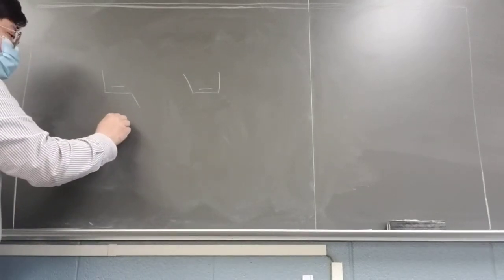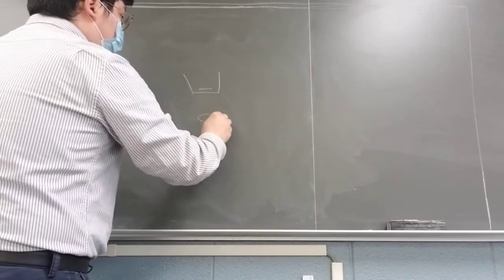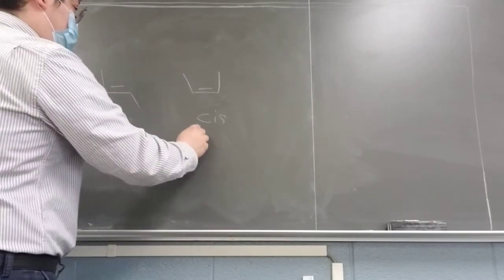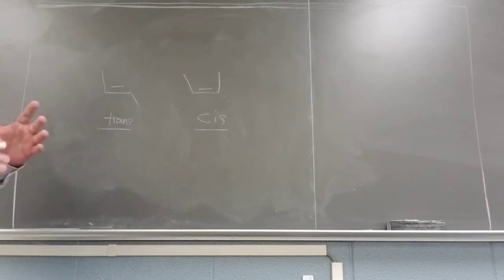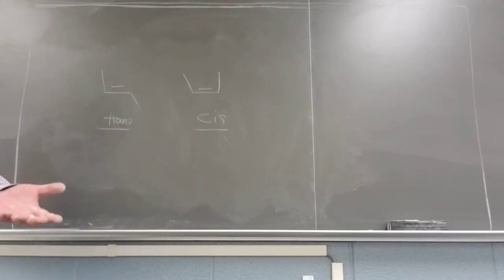Okay, can you guess which one will be a bit more stable than the other? If you have a trans and cis form here, which one do you think will be more stable, spacing problem wise?